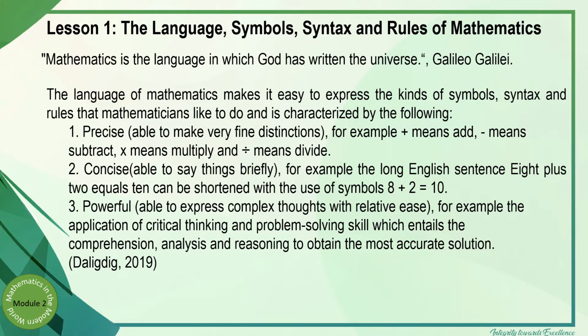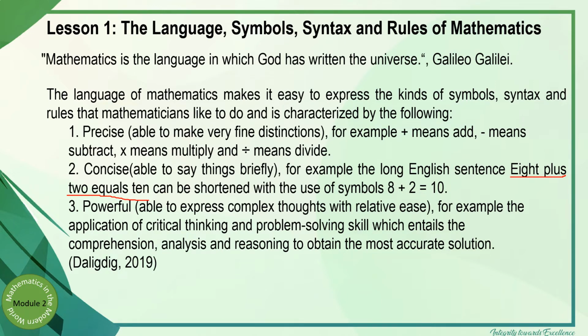Pero pagdating naman sa mathematical term, kung imamath natin siya, susulat natin yung number 8, then yung symbol for addition, yung number 2, equality symbol, tsaka yung number 10. So, yung madaming letters na ginamit natin para ma-express tong expression na to, na-shorten na siya. Diba? Na-minimize.